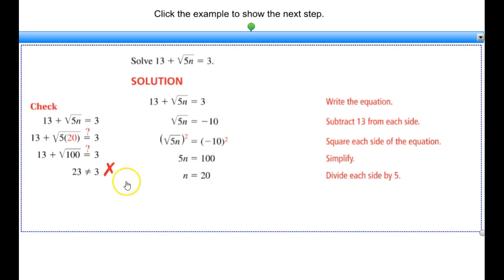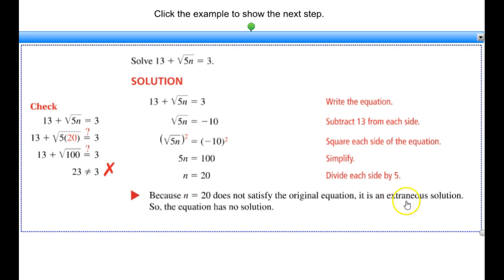Now let's try this back in my original equation. I put my n back in as 20, so I end up with 5 times 20, which is 100, which gives me 23 on this side, and that is not the same thing. So it is an extraneous solution. And since that was the only one that we found, this equation has no solution.